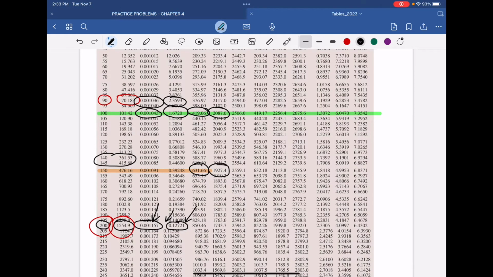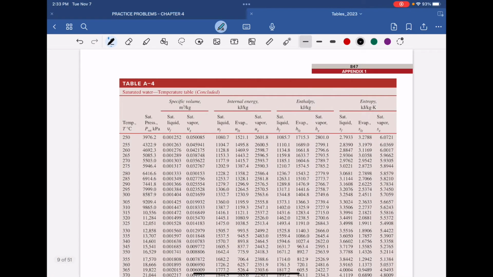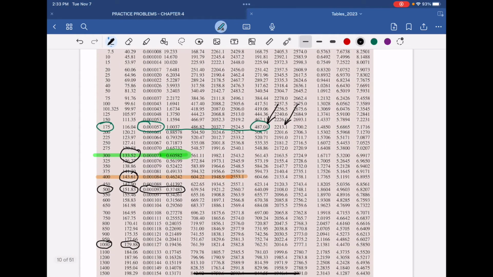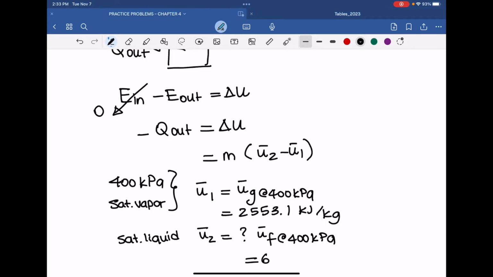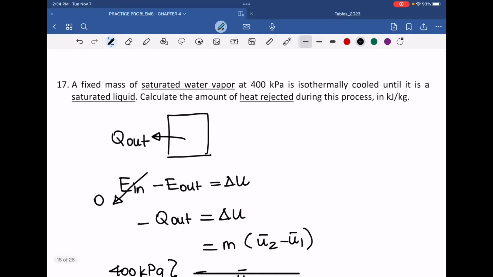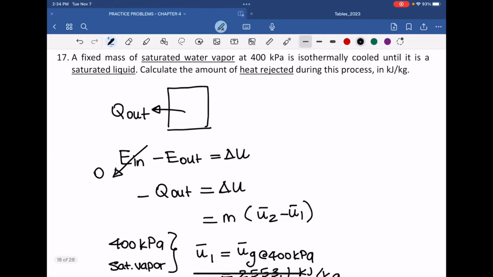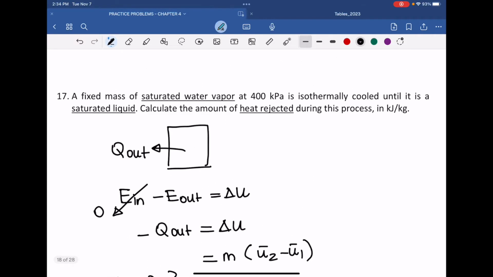So we go and Uf is 604.22. Now you know U2 and U1, but you don't know the mass, so it is very difficult here. First of all, you need to figure out the mass, but the key here is to catch the word.